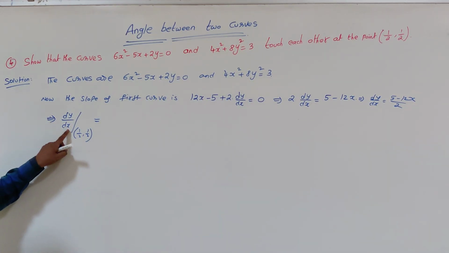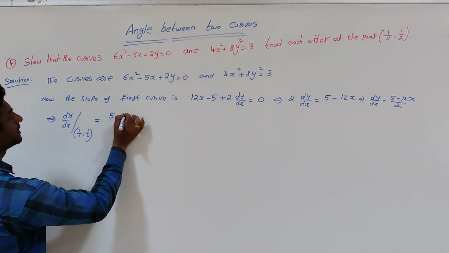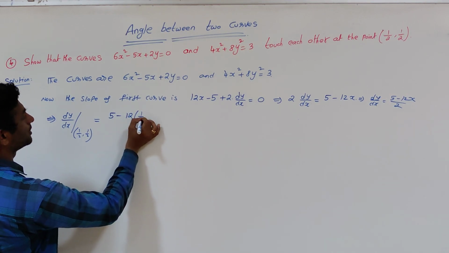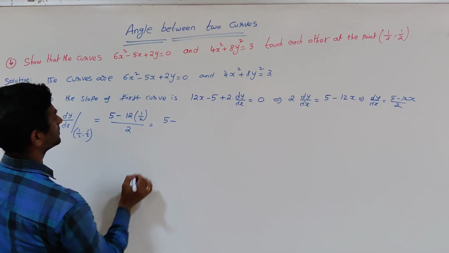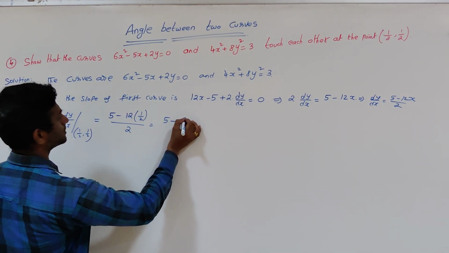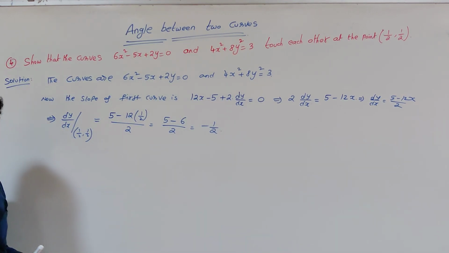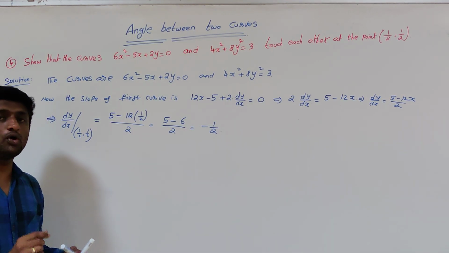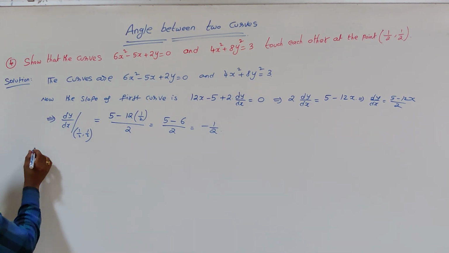Now we'll find out the slope of the curve at 1 by 2 comma 1 by 2. 5 minus 12 times of 1 by 2, by 2, which is 5 minus 6 by 2, which is minus 1 by 2. So the slope of the first curve at the point 1 by 2 comma 1 by 2 is minus 1 by 2.